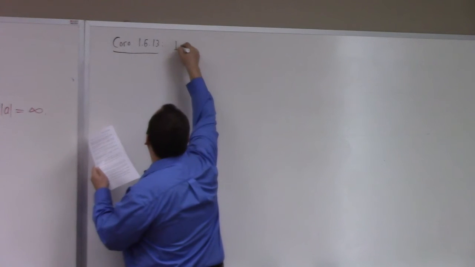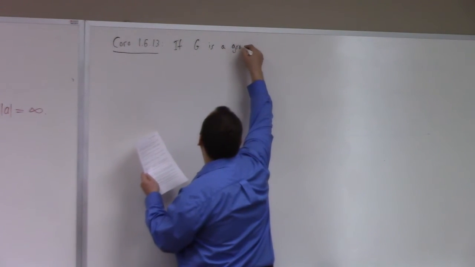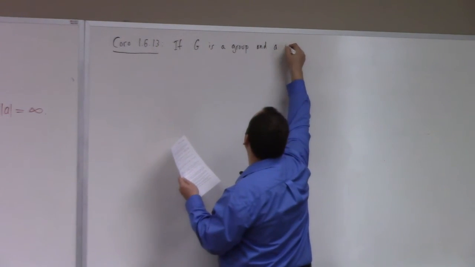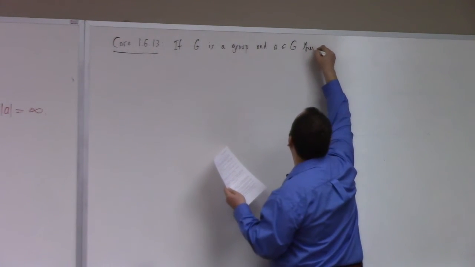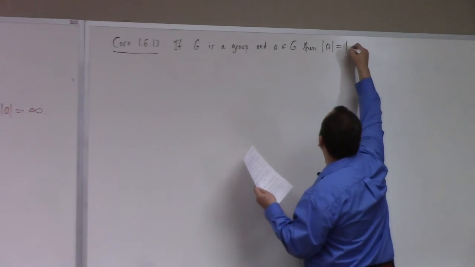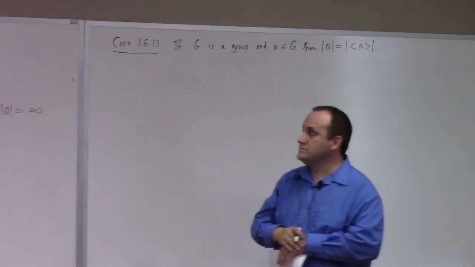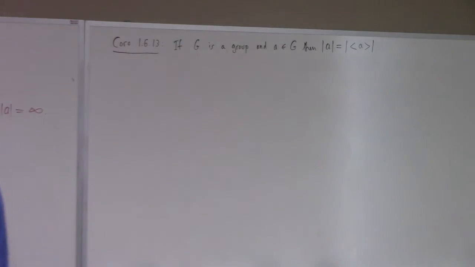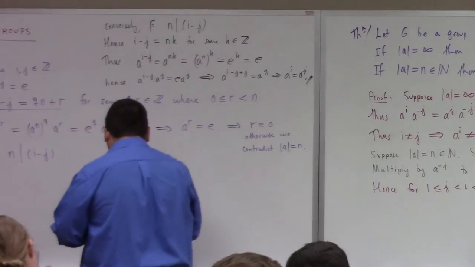But if G is a group, and a is an element of the group, then the order of a is equal to the order of the subgroup generated by a. Now that's called a corollary to the theorem.